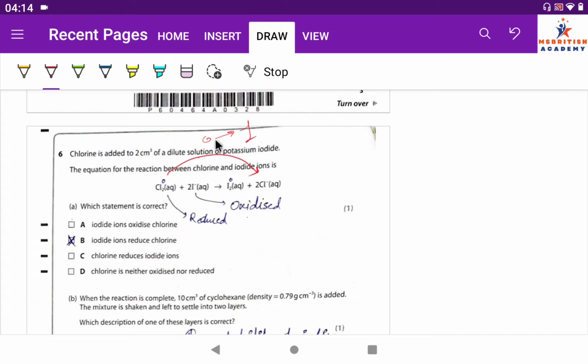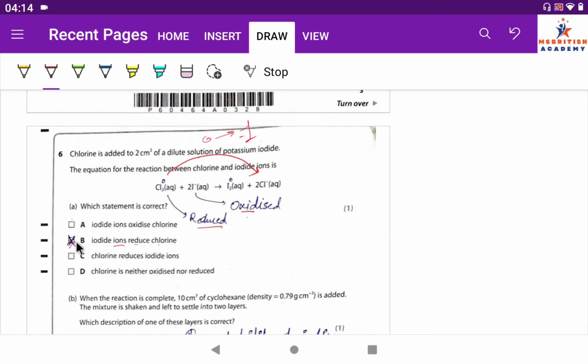Because the oxidation number decreases, it gains electrons, and gaining electrons is reduction. If chlorine is reduced, then iodide ions will be oxidized. If chlorine is reduced, it oxidizes iodide. So iodide ions reduce chlorine because they are oxidized.